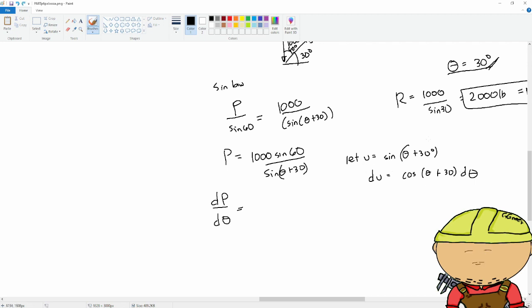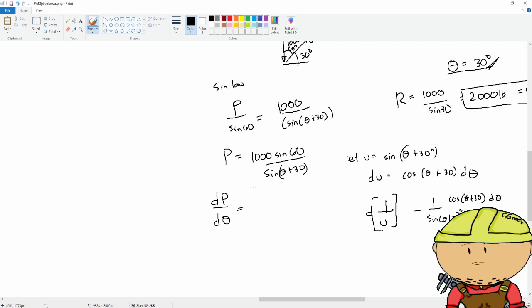If we differentiate 1 over u, that's u to the negative 1, we will have negative 1 over sine squared of theta plus 30, times cosine of theta plus 30 d theta.